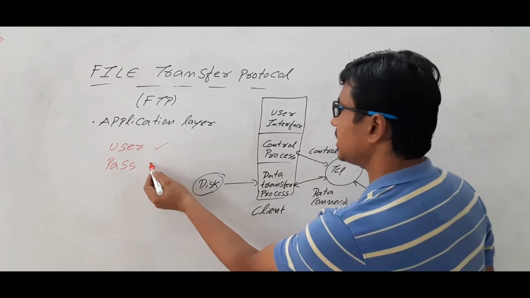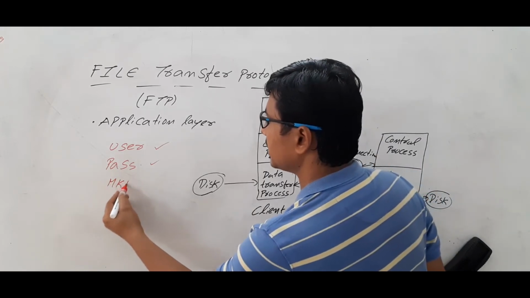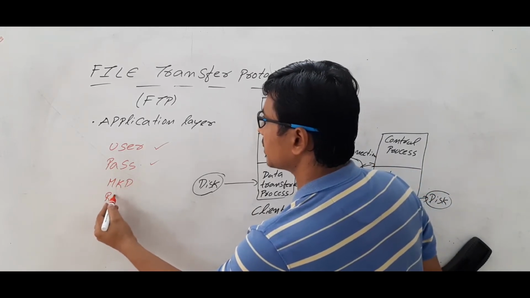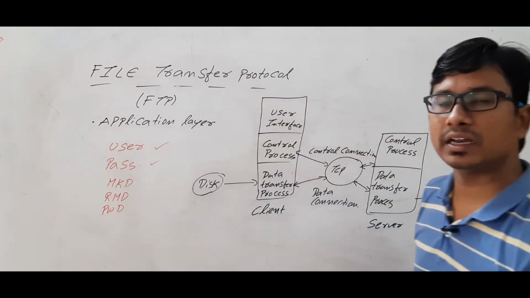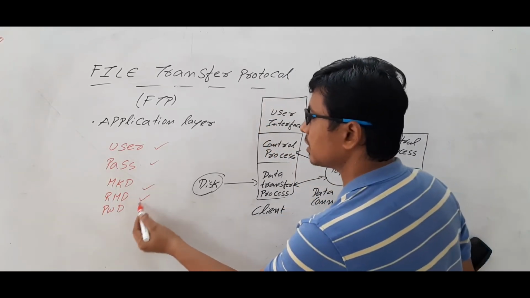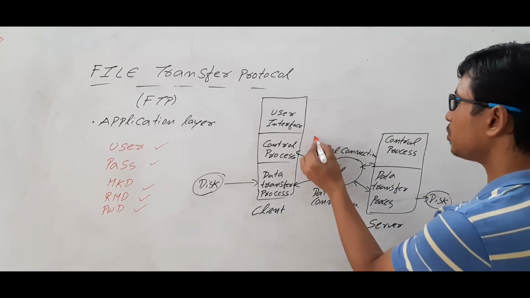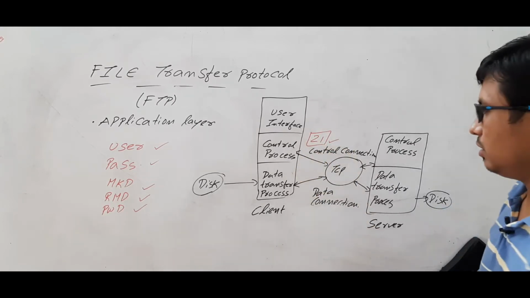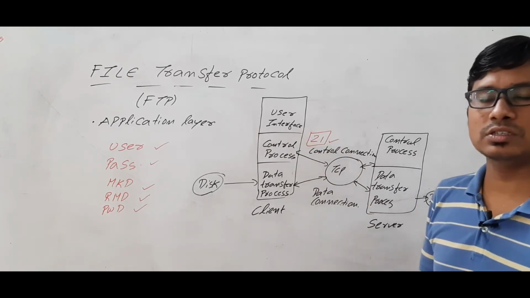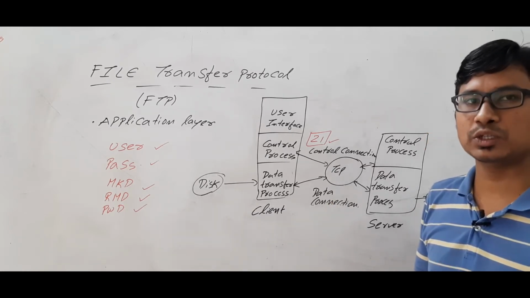Such commands, and even commands like MKD to make a directory, remove a directory, and print the current working directory, you can provide by using the control connection, and it uses port number 21. This is very important. The control connection uses port number 21.